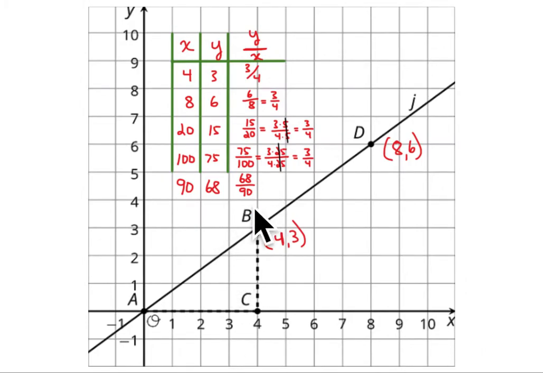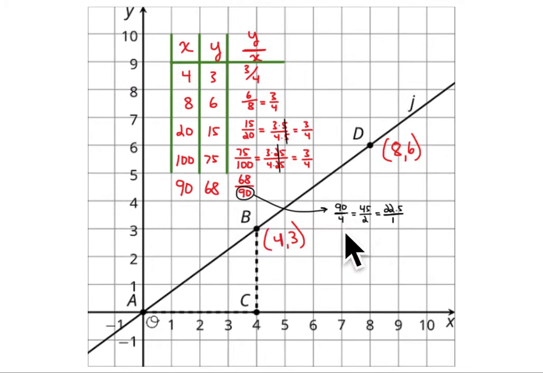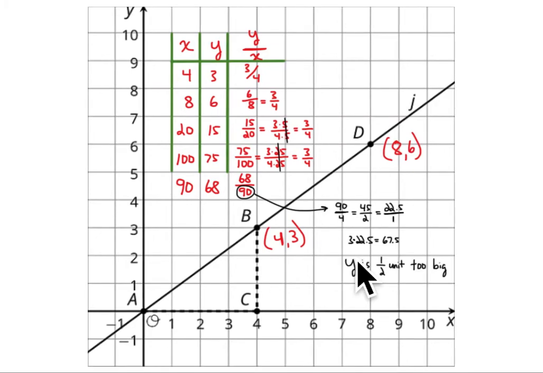How about 90 and 68? So (90, 68). Well, I'm going to divide 90 by 4, because the vertical length is going to be 3/4 of 90. So if 3/4 of 90 is 68, then it works. 90 divided by 4 is the same as 45 divided by 2, which is 22.5. So 22.5 is 1/4 of 90. So I need 3 of those quarters. 22.5 times 3 is equal to 67.5.